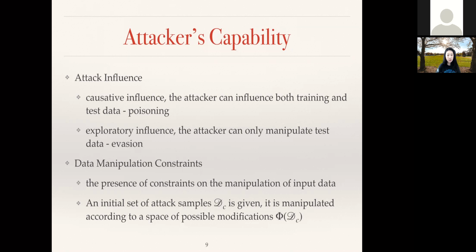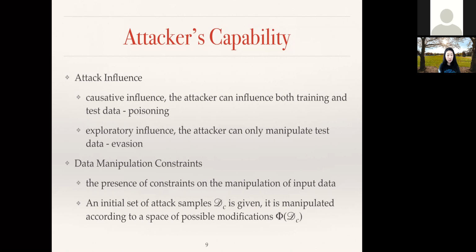And because many of us are working on evasion attacks already, I wanted to spend the time talking about poisoning mainly for this lecture and probably for this class. And the data manipulation constraints actually apply both in poisoning and in evasion. But in evasion it usually means a perturbation that you can allow for a test example.